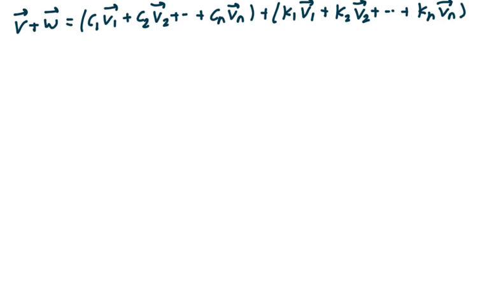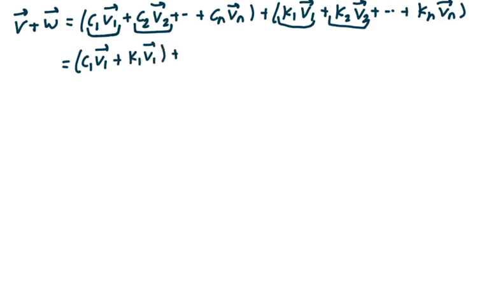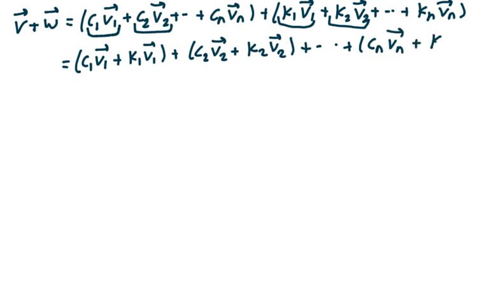Now, I'm going to collect the terms that involve the v1 vector, the terms that involve the v2 vector, etc. In other words, I'm going to rewrite this as c1v1 plus k1v1 plus c2v2 plus k2v2 plus all the way through until cnvn plus knvn.